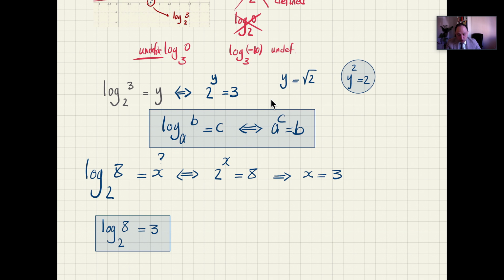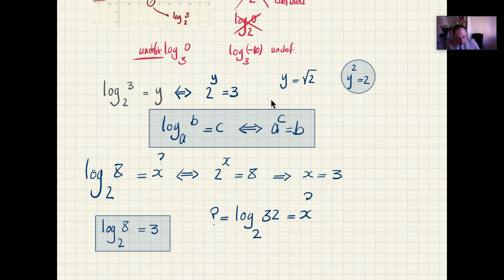Yeah. Good. Now, let me make it like this. What is the log of 32 in base 2? If you can do it in your head, that's okay. But if not, you say that I want to find this. This is my question mark. So let me call this x.